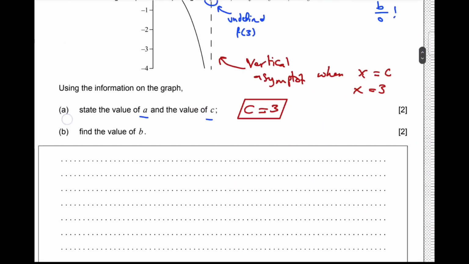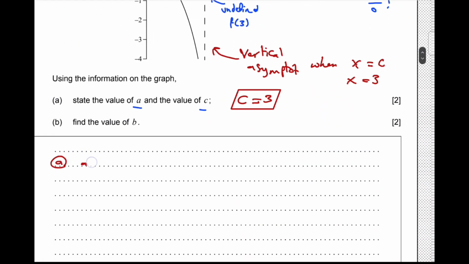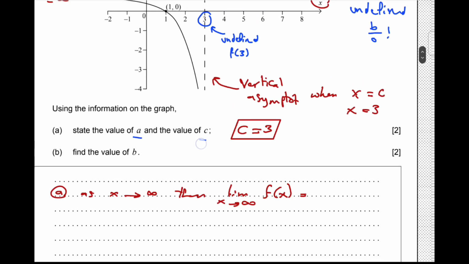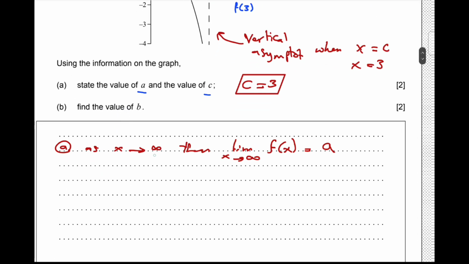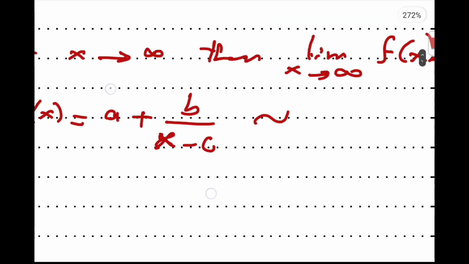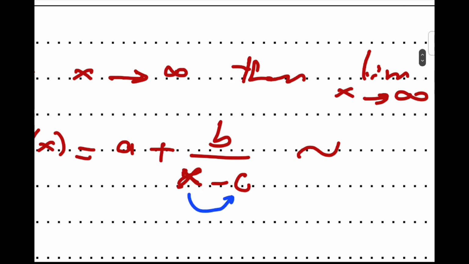So as x approaches infinity, it's clear that the limit as x approaches infinity of f of x is equal to a, because as x becomes large, we know that f of x equal to a plus b over x minus c behaves like this when x is much larger than c.